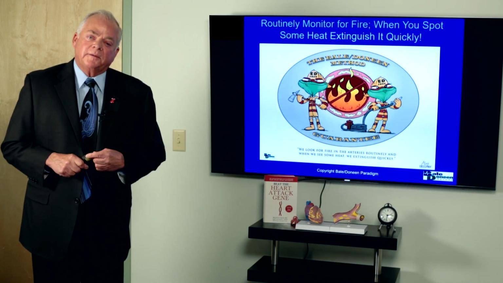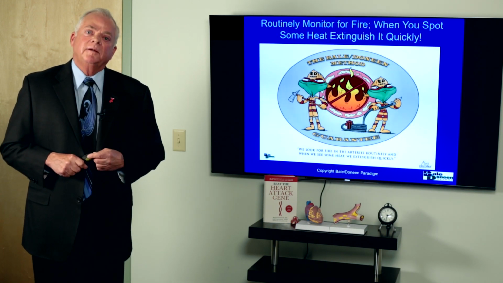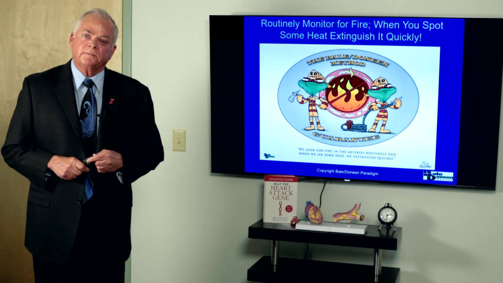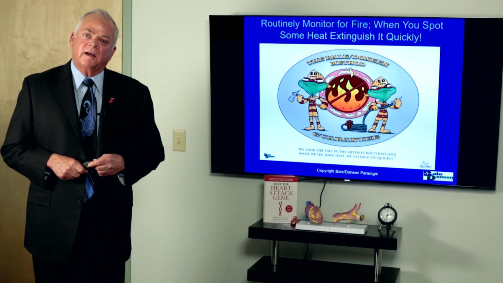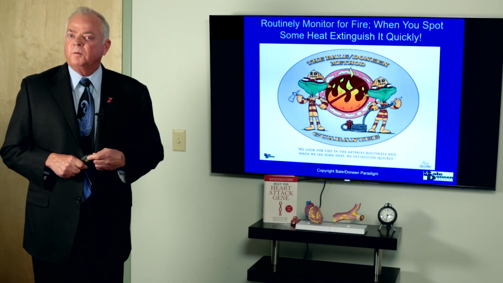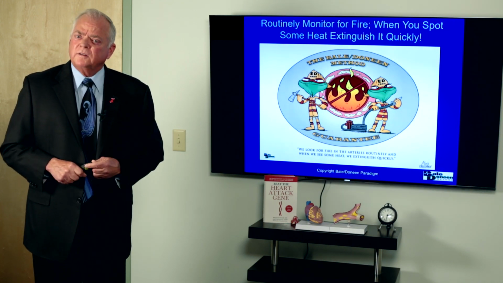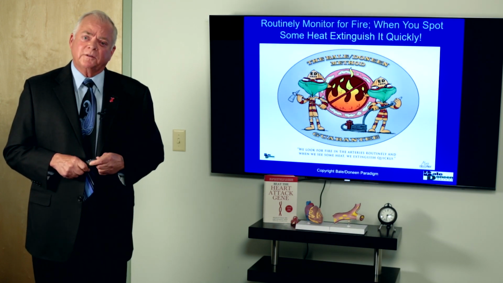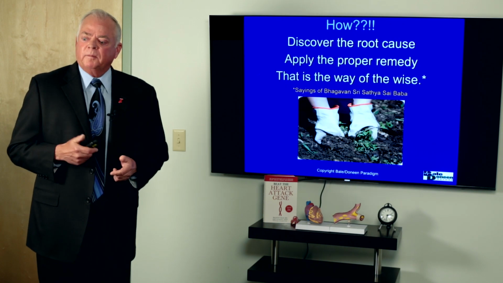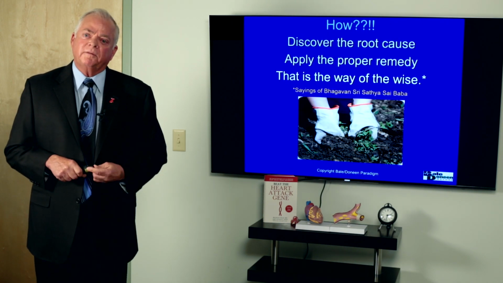So our job is simply being firefighters. If you want to sum up what Dr. Doneen and I do in a real simple way, we look for cats in the gutter and we put out fires. It's as simple as that. But you might be saying, well, how in the world can you put out a fire?